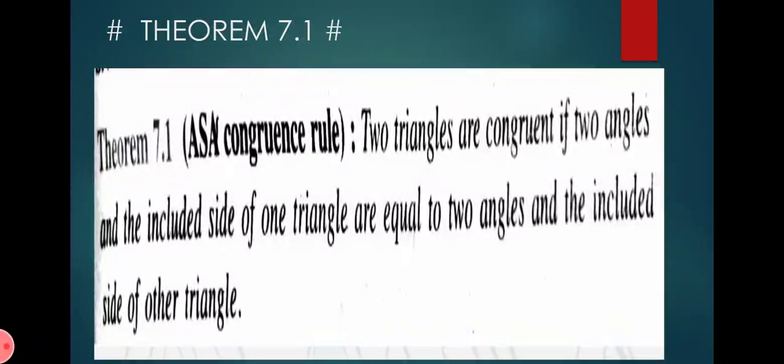Earlier we learnt that two sides and included angle were there. Here it is the ASA congruence rule, that is angle side angle. So in this condition, there should be two angles and the side should be the included side.